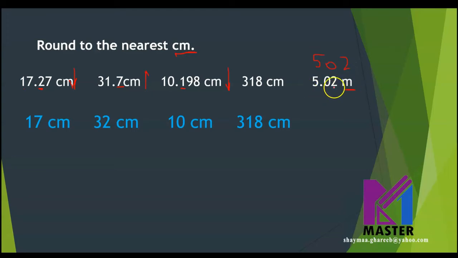So I'm going to multiply by 100. Now, when I round it to the nearest centimeter, it will be 502 centimeters because it is a whole number already. Okay, is this point clear?